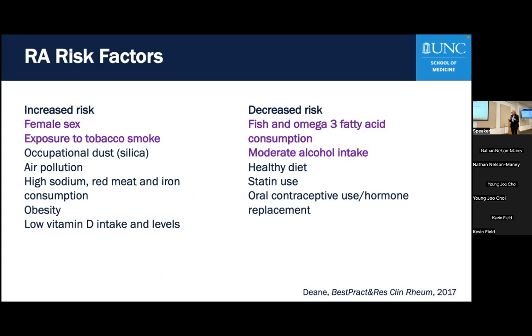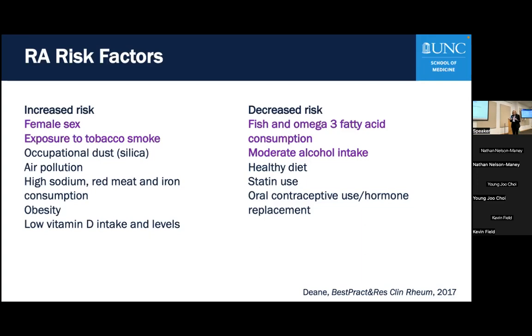So smoking exposure is a risk factor for the development of rheumatoid arthritis. There's also some thought that air pollution, occupational dust, and a number of other environmental toxins may be increasing your risk for the development of rheumatoid arthritis. Low vitamin D levels have been associated, but the ones we know for sure are being a woman and smoking.